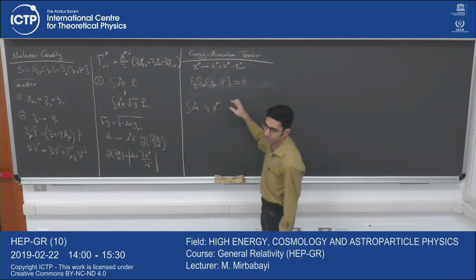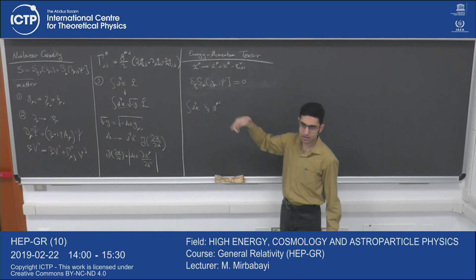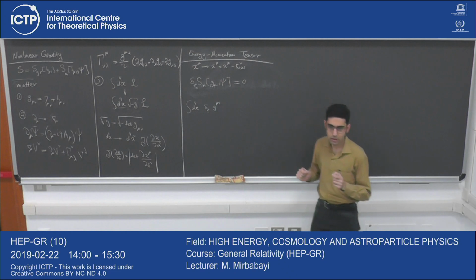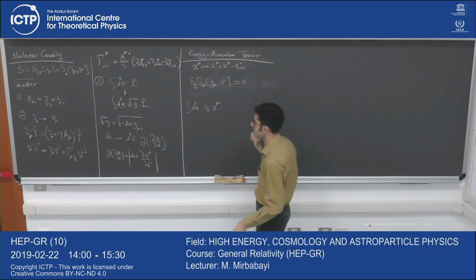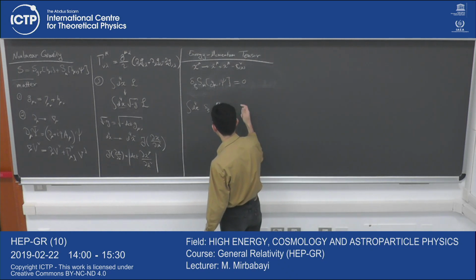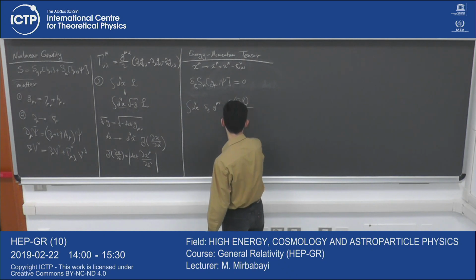Again, I can use g mu nu with upper indices. This is related to g mu nu with lower indices. It's just the inverse of that. So these are not independent quantities. I can choose which one I want to use. Times the variation of square root of minus g F.